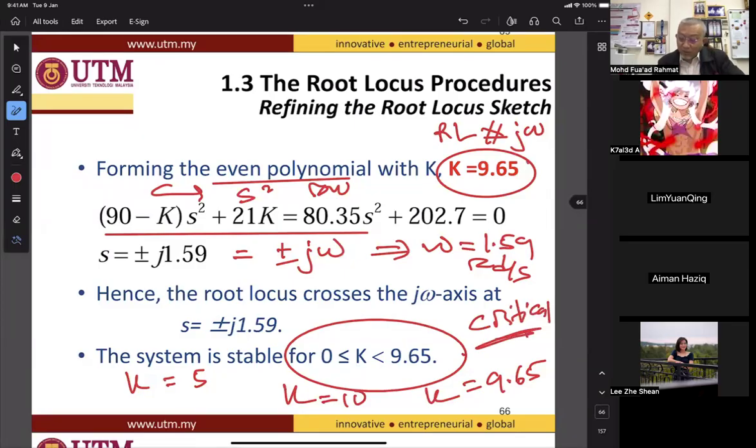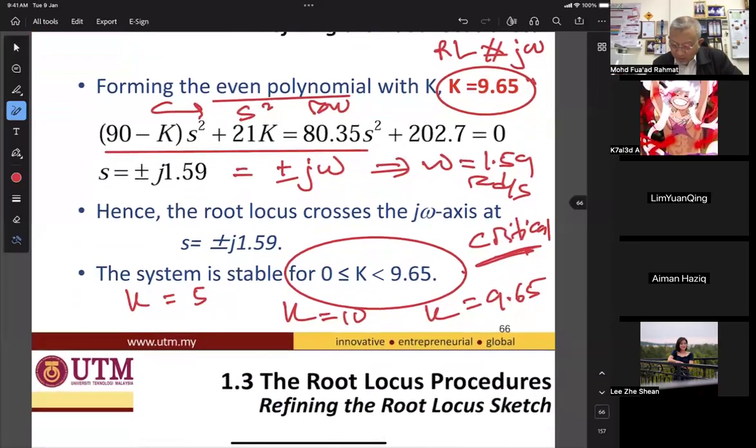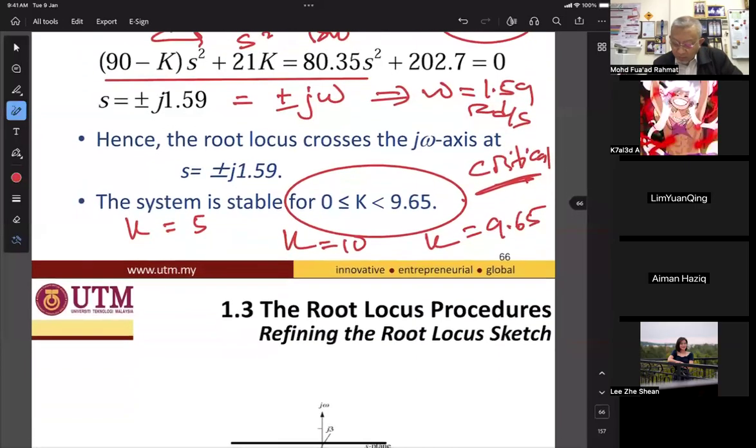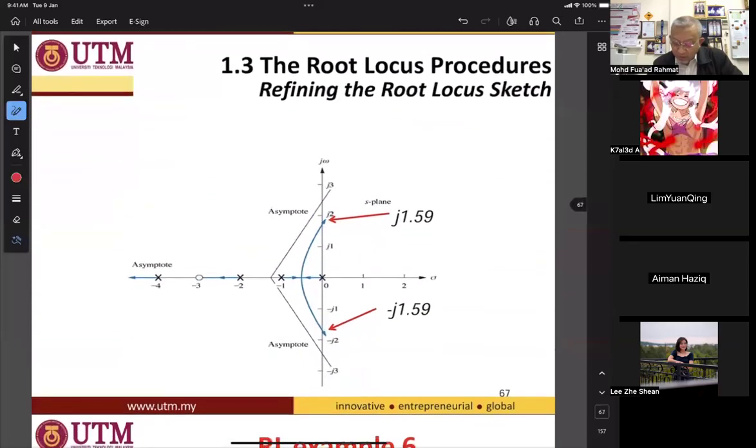As I mentioned just now, when the intersection between the root locus and the imaginary axis. So you must understand the three situations. When K equal to 5 is stable, when K is equal to 10 unstable, and K 9.65 is critical. Okay.